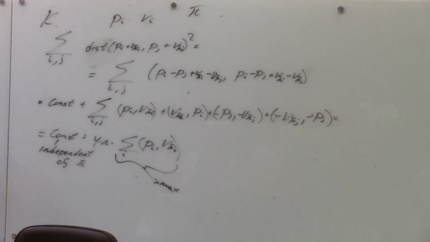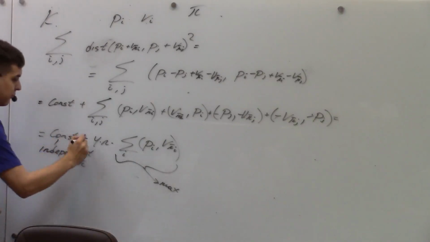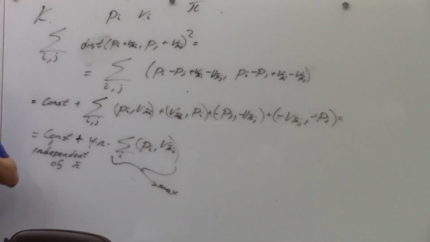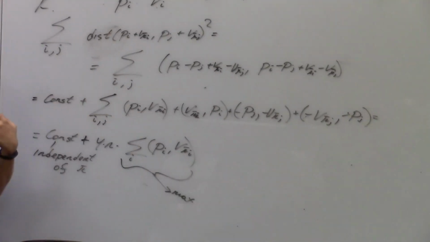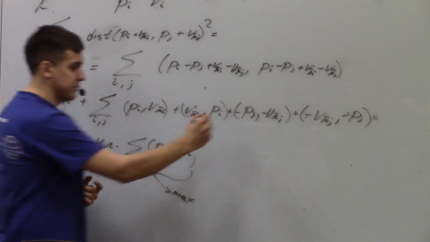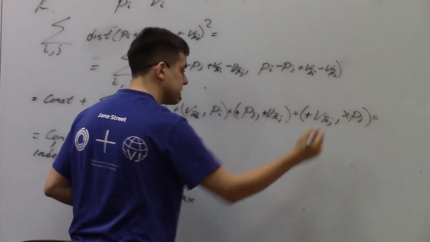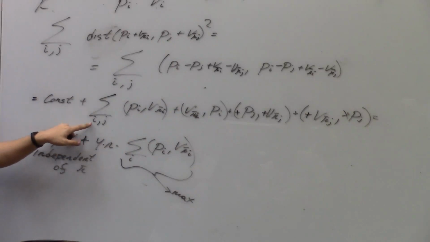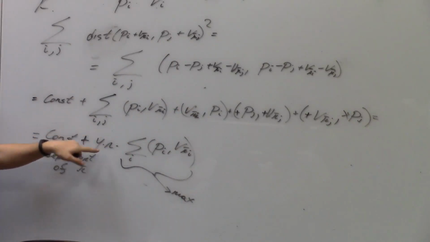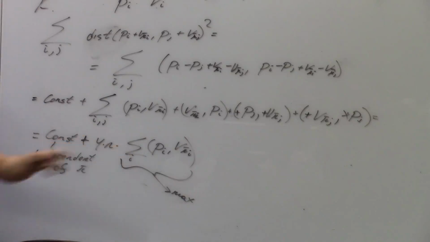And how do we maximize this? Const plus 4n times this sum. Well, these 4 terms are the same. Right? We can change the order, and since we are summing over all the i's and j's, this will just become 4n times the same sum.